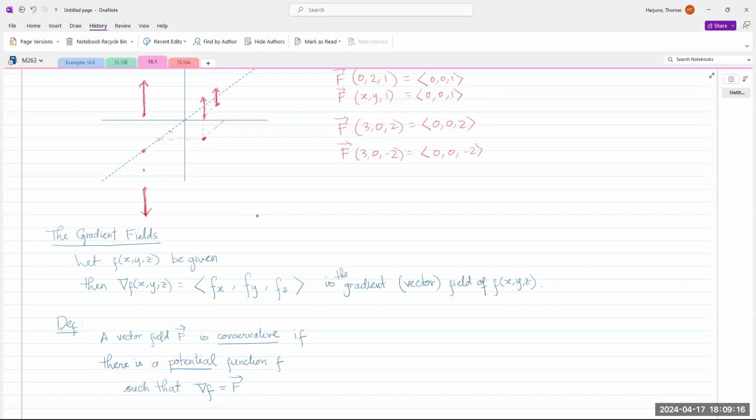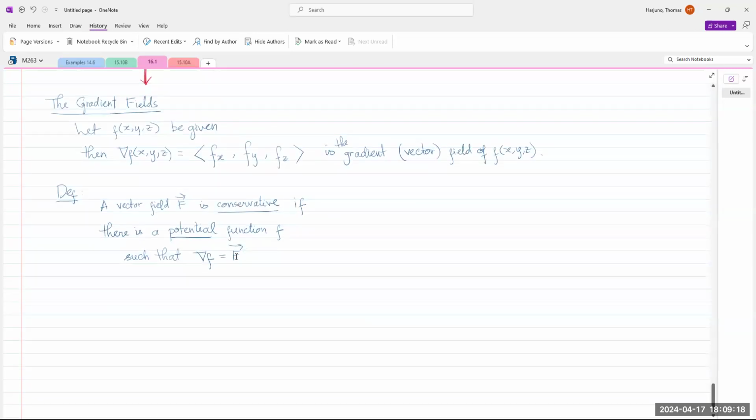Now, the suggested homework from here is given as 16.1, not a lot. This is just number 21 to 25, but try to think a bit.